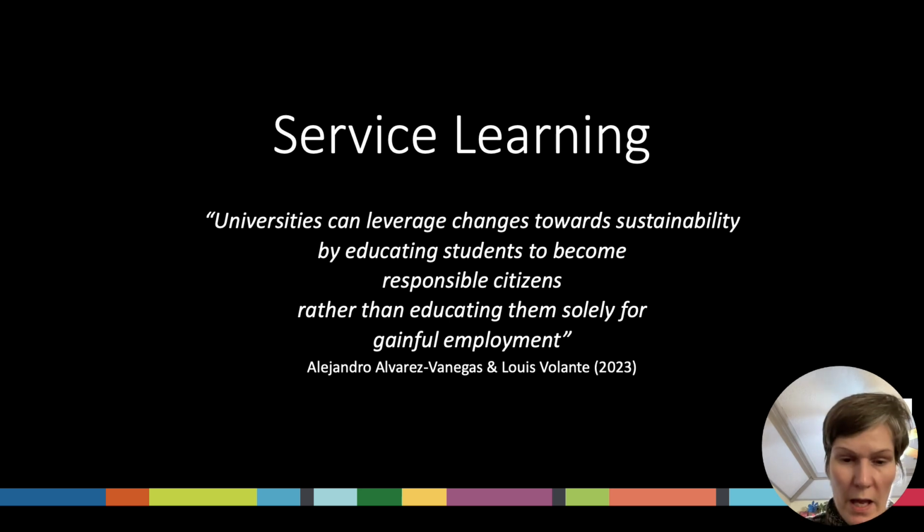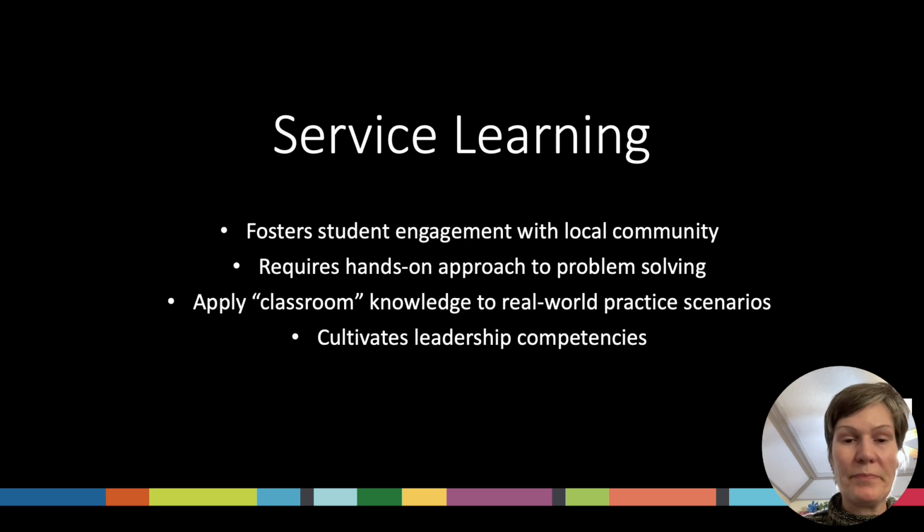In this quote by Alejandro Alvarez Venegas and Luis Volante, which states that universities can leverage changes towards sustainability by educating students to become responsible citizens rather than educating them solely for gainful employment. This idea was the prompt that we introduced the students to when we presented them with the topic, Sustainable Design for Healthy Communities.